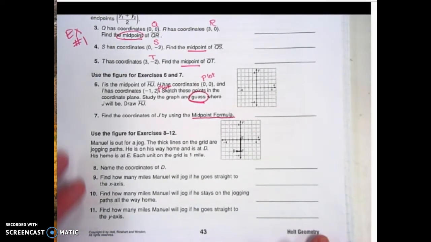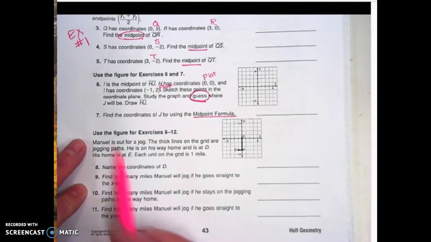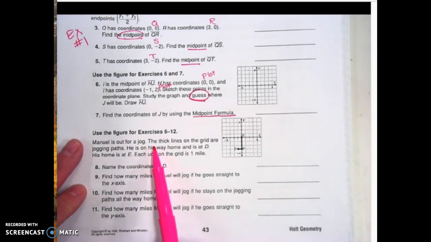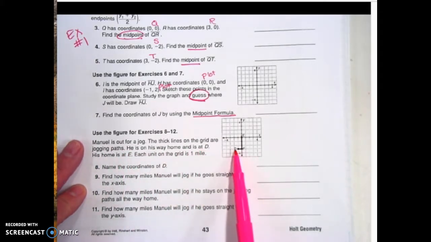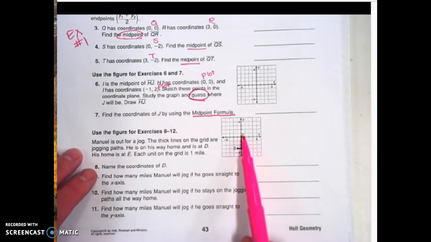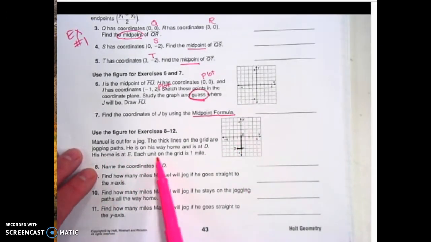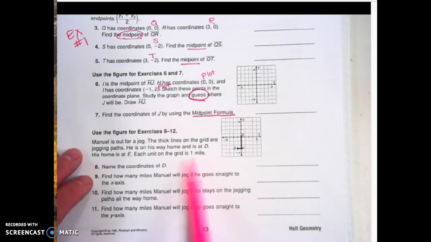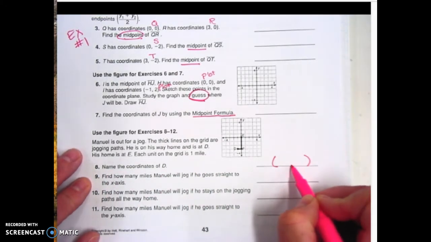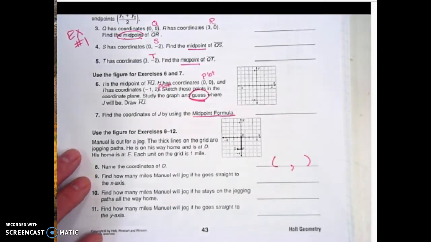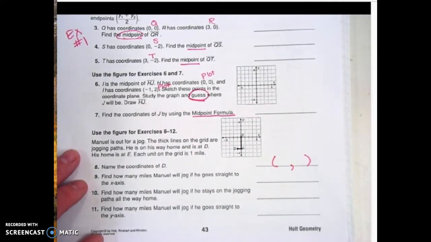Okay. So numbers 8 through 12. Manuel is out for a jog. The thick lines on the grid are jogging paths. He is on his way home and is at D. So D's right there. His home is at E. Each unit on the grid is 1 mile. Name the coordinates of D. That's going to be something, comma, something. Where's D located? Okay.